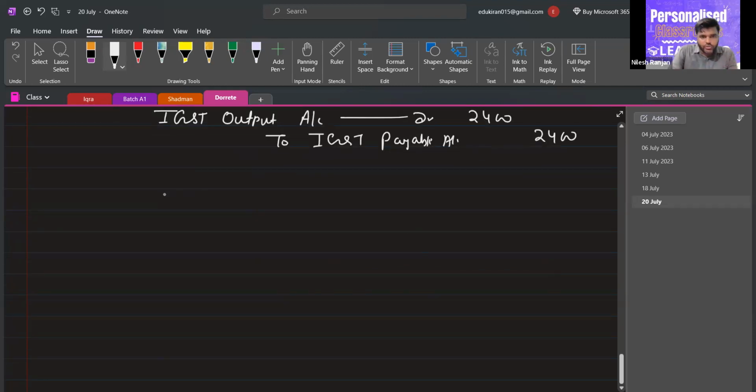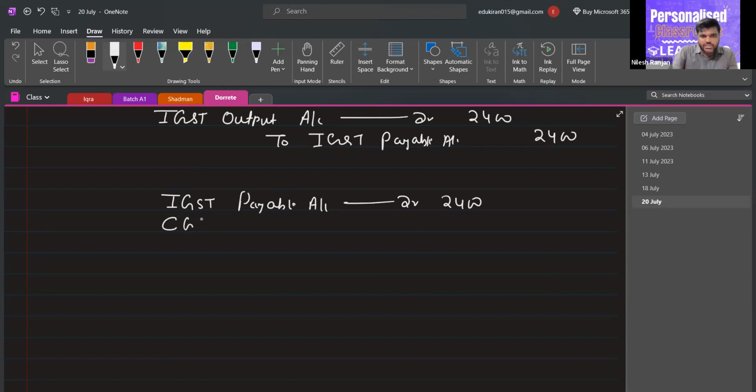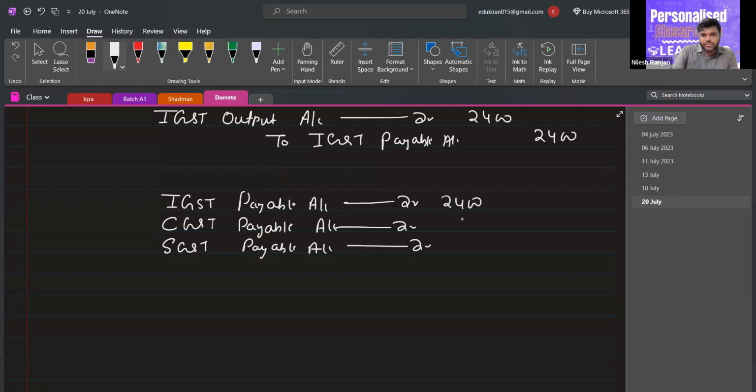So either you can pass an entry for every GST separately, or you can write like this: IGST payable account debit 2,400, CGST payable account debit and SGST payable account debit 600, to cash or bank account.